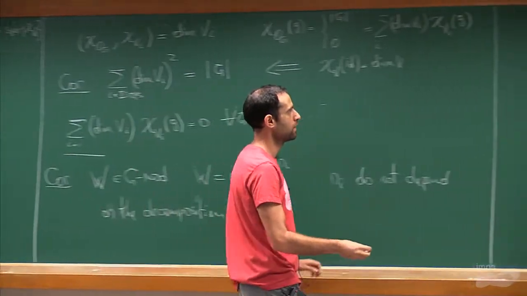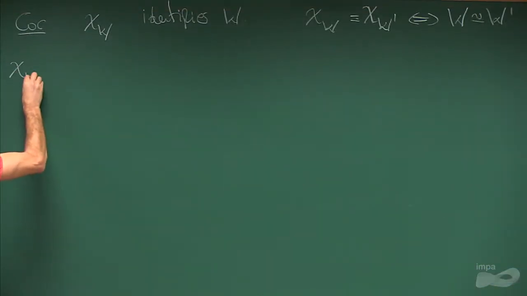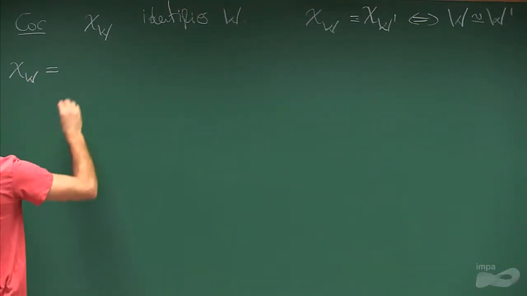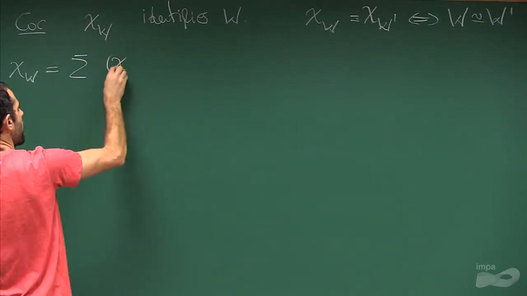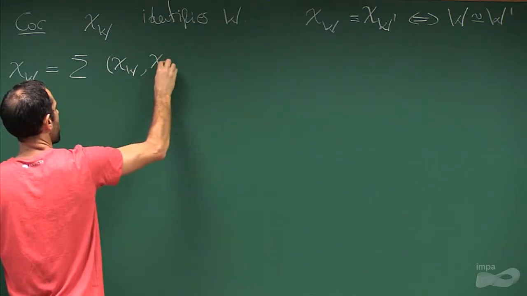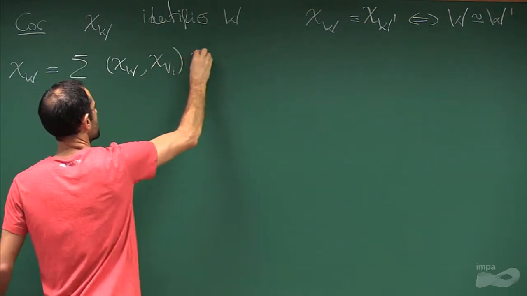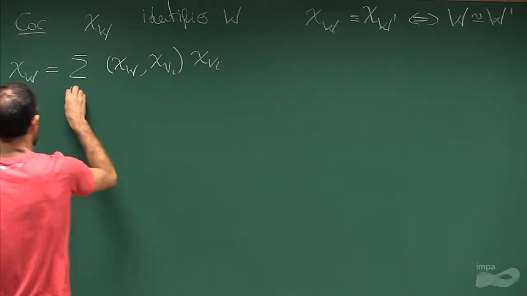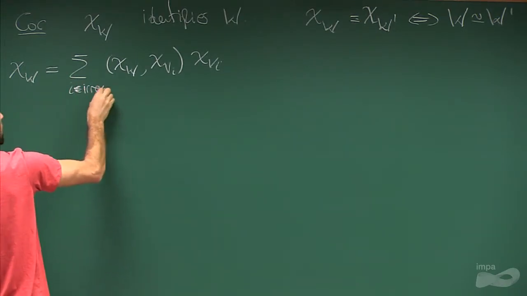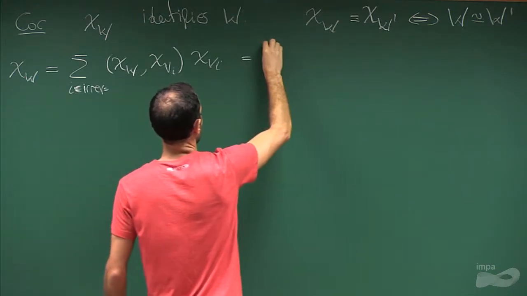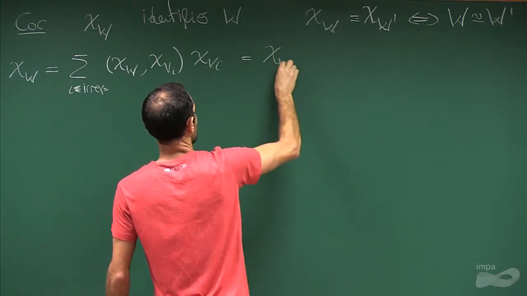Namely, the character of W is written uniquely as a sum of the inner product of the character of W with the character of Vi, times the character of Vi, where i is in the irreducible representations. And this is the same thing for the character of W prime.